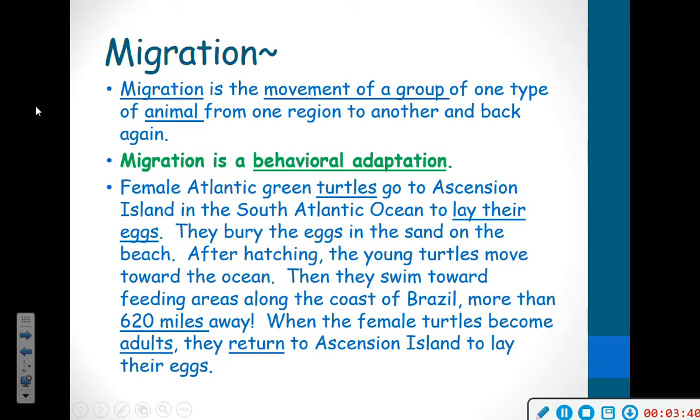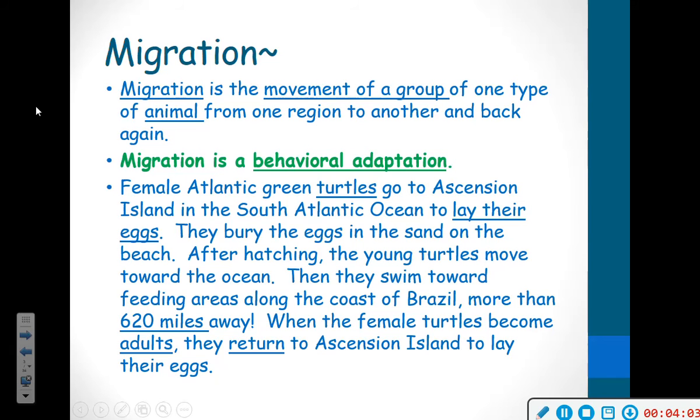So this is something that they have an instinct to do, to go lay their eggs on Ascension Island. They go to the island, they bury their eggs in the sand on the beach, and they leave. After the baby turtles hatch, there are no adult turtles there, only baby turtles.